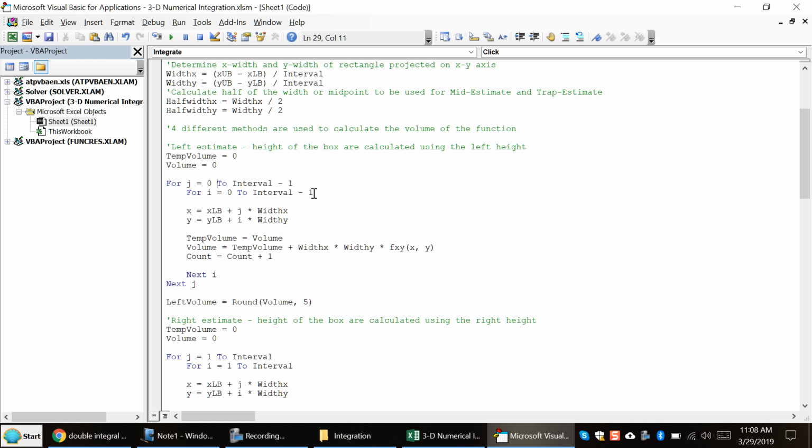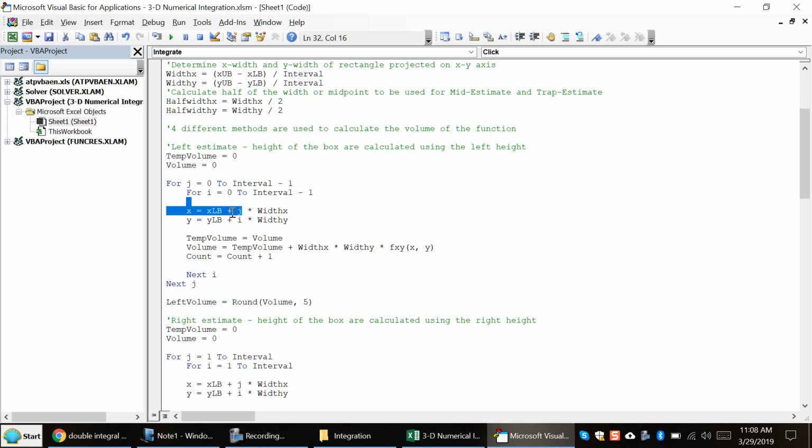The reason I start at 0 is, think about it, let's suppose my lower bound was at the origin, and I'm going to start out at that lowest left-hand bottom corner of my rectangles. So I start at 0 because when I multiply this j and this i times the width here, the answer I get is 0 because I multiplied it times 0.